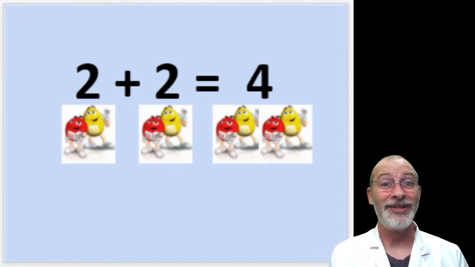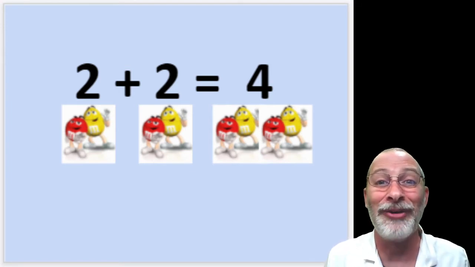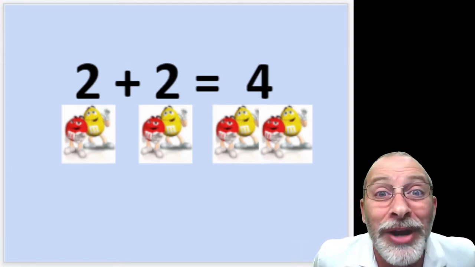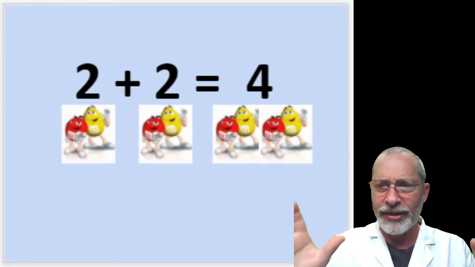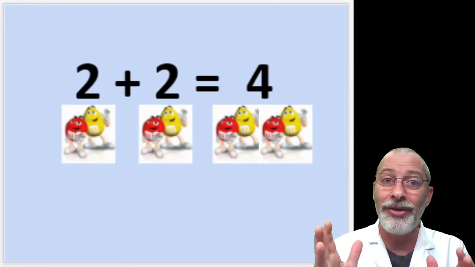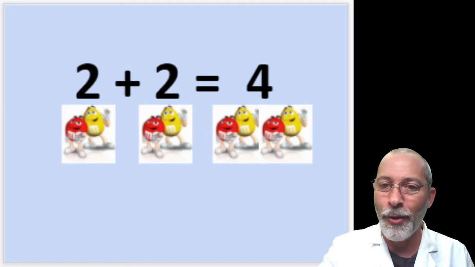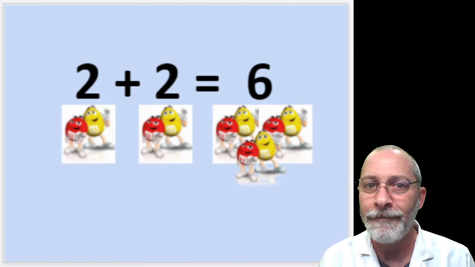You might be tempted to say 4, right? No, I'm going to say 0 because they'll all end up in my mouth. No, I'm just kidding. Well, no, I'm not really kidding. They would end up in my mouth, believe me, before I even put them together in one hand. But the point is here that 2 M&Ms and 2 M&Ms together result in 4 M&Ms. Hopefully that's easy.